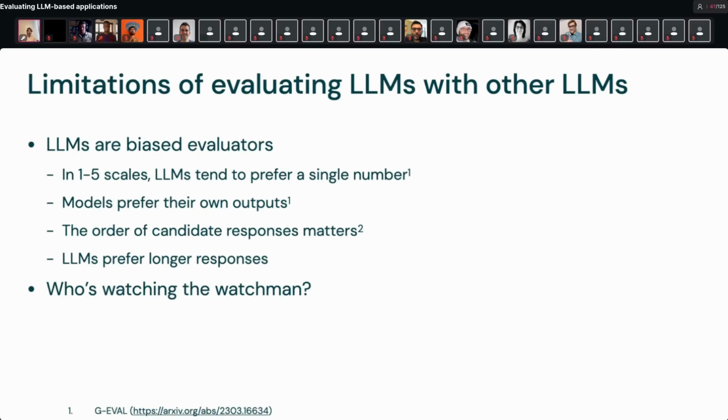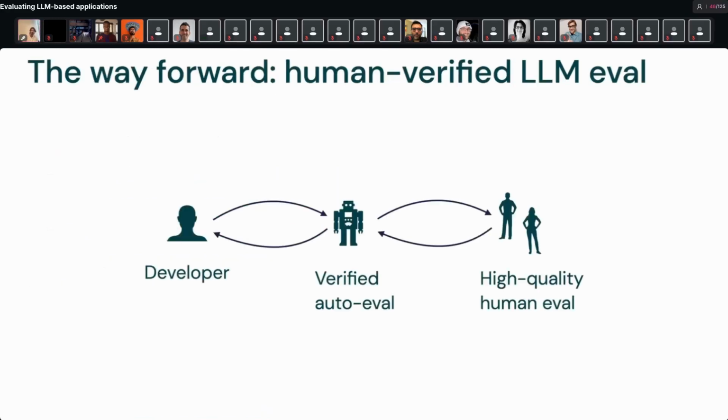And then the second category of objection to this is, okay, well, if the problem with language models, the reason why they need to be evaluated, is that they're unreliable, then why are we trusting language models to do the evaluation? And so I think the way forward here is really not either human evaluation or language model evaluation, but a smart combination of both, where you use the best of both of these things to get great evaluations.